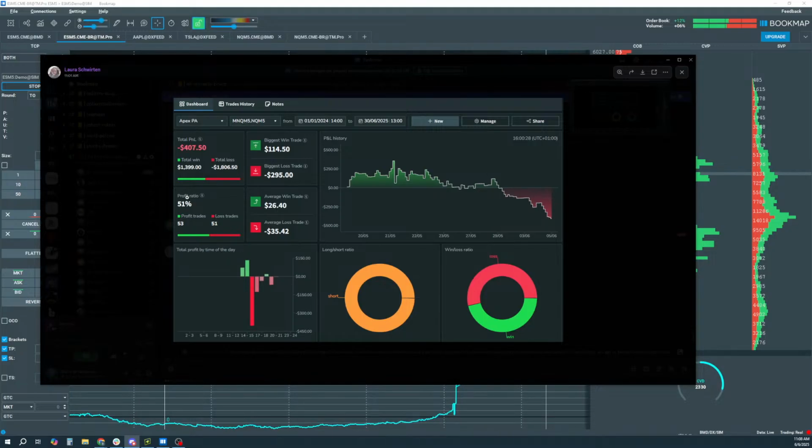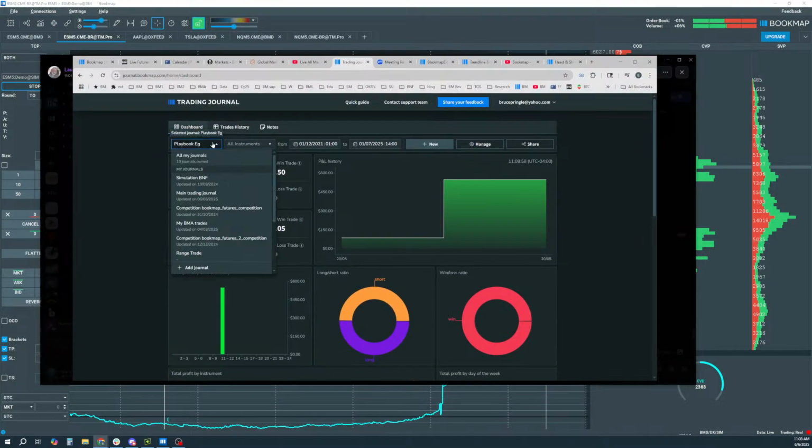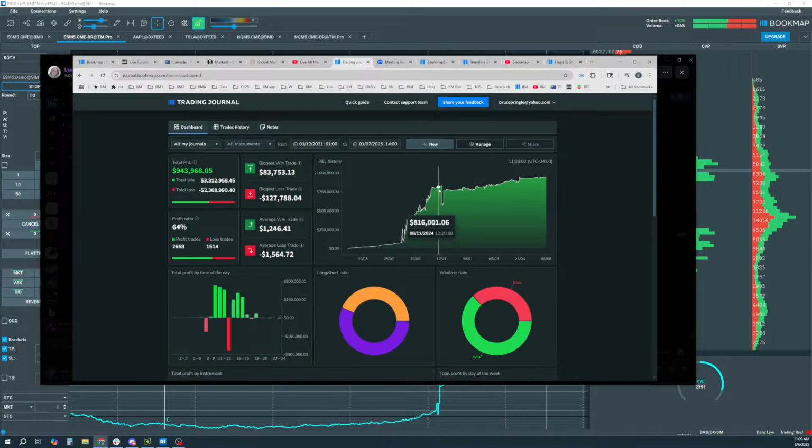25 to 30% or 25 to 40%, something like that. Mostly losers by far. But their equity curve looks like this. Let me bring up mine for just a second here. This was that Playbook example, but if we look at all the journals, theirs looks kind of like this, except it's even better.